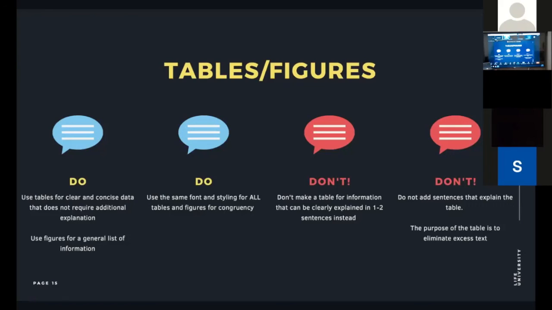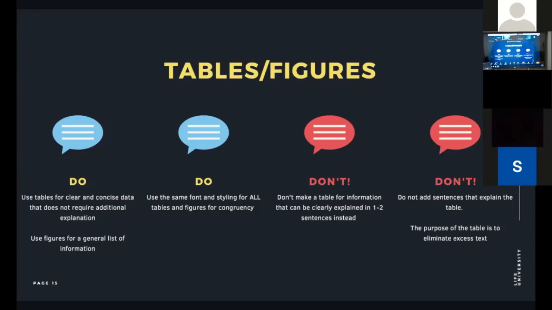So a table would be something I could use for comparing patients with different pain levels and their scores on NPRS, things like that. Figures could be, let's say I wanted to include the top 10 red flags for low back pain. I wouldn't put that in a table. That's more like a laundry list. So I would flat out say 1 red flag, 2 red flag, 3 red flag, all the way down. And that's more of a figure.